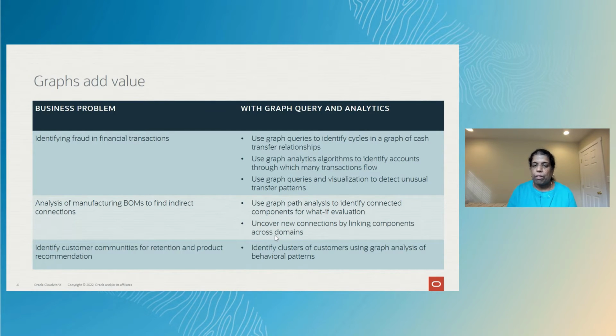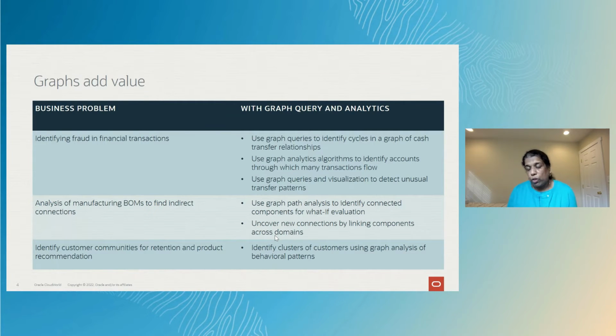That's a cycle. Then you can use a graph analytics algorithm on your bank graph to identify which accounts have many transactions flowing through them. An algorithm like PageRank, for instance, identifies in a graph which are the vertices that are important, which in this case would mean which are the vertices that have a high number of transactions flowing through them.